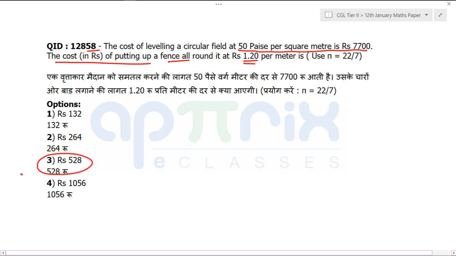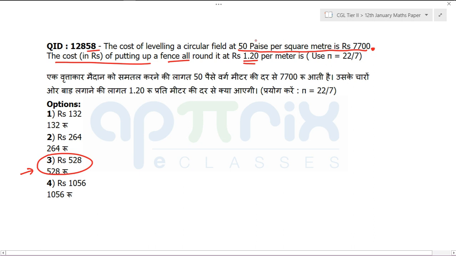Now, how I marked this third option while I finished reading this question, right? That is very important. Understand how I did it, because I have told you something which can be used directly here and you can mark the answer. When I ended reading, I had one idea: what is the area of this circular field?